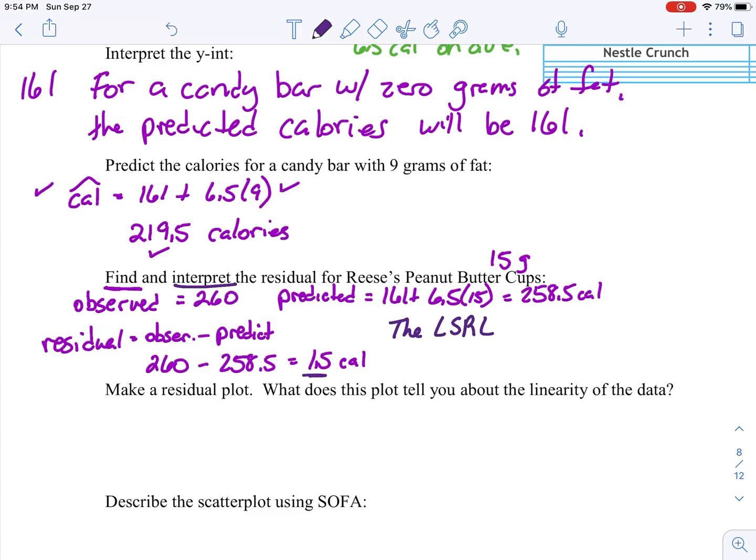Now, because my observed value minus my predicted value is positive, my least squares regression line underpredicted the real content by 1.5 calories.